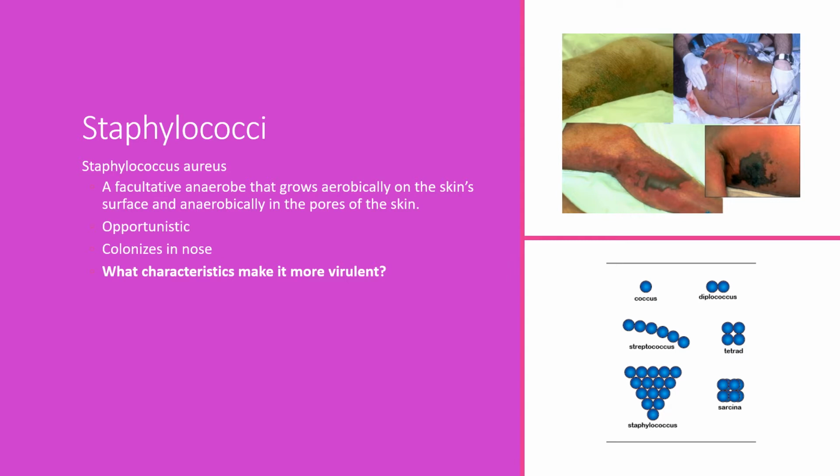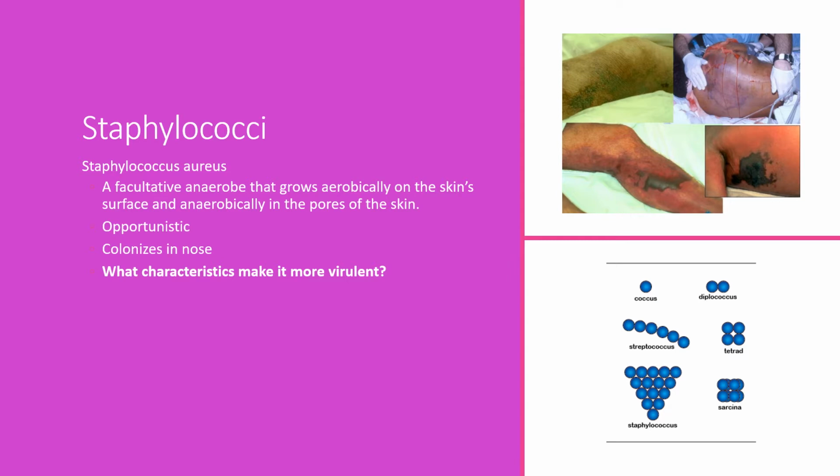Again, there are two particular types of Staphylococcus frequently responsible for surgical site infections: Staphylococcus aureus and Staphylococcus epidermidis. We're going to talk about both of those.